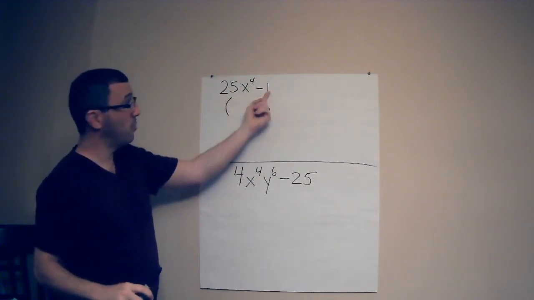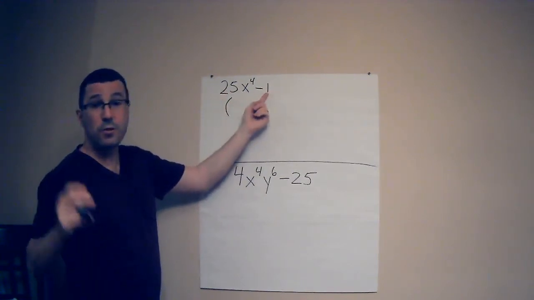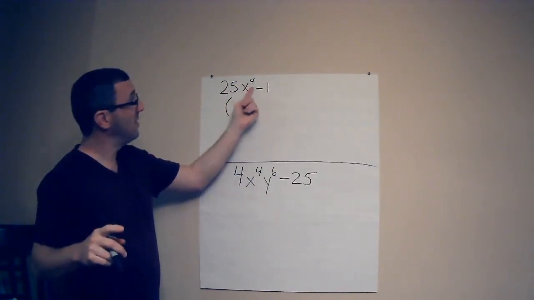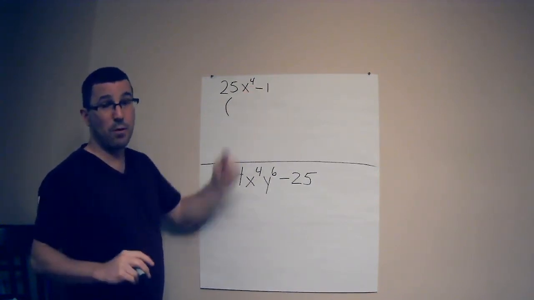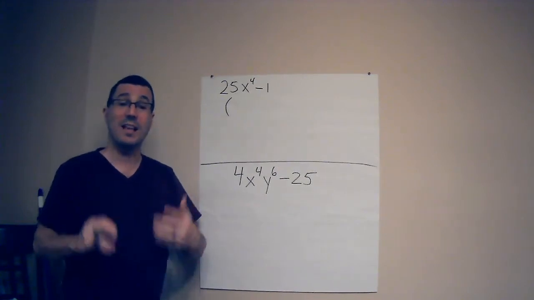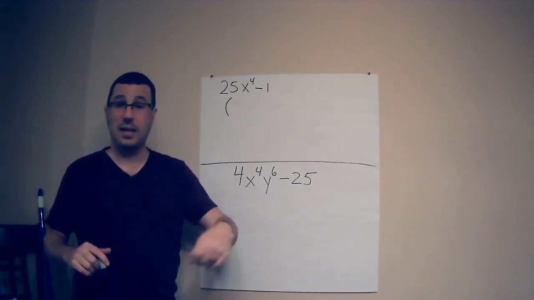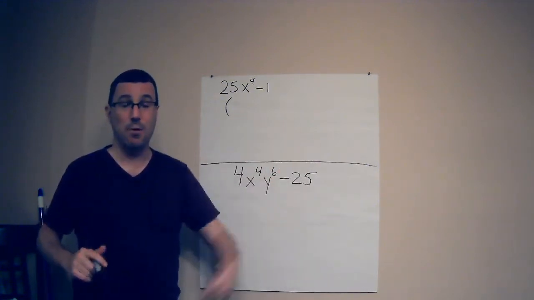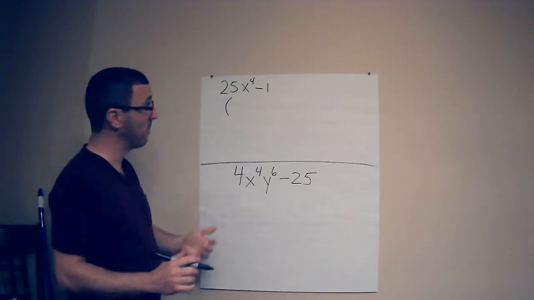I have two terms. 25 is a perfect square, 1 is a perfect square, and because this exponent is even, this is a perfect square. It's not always that it has to be a 2. It could be 2, 4, 6, 8, 10, 12. Any even exponent is going to be a perfect square because we can divide it by 2.